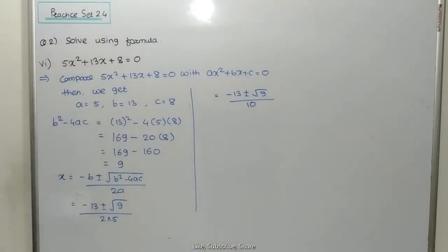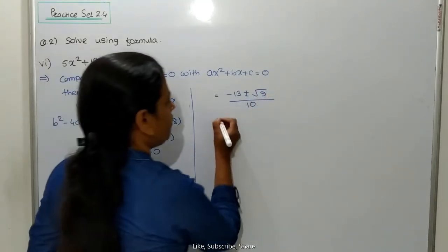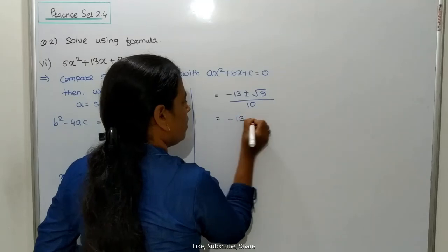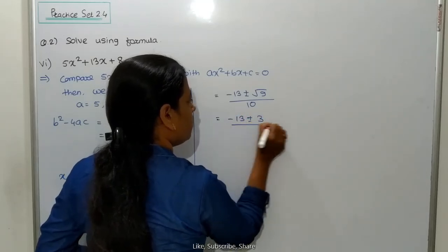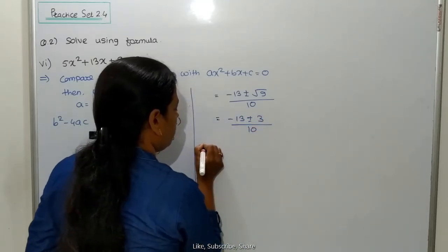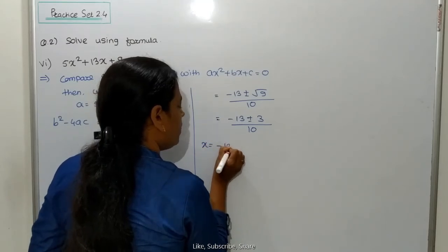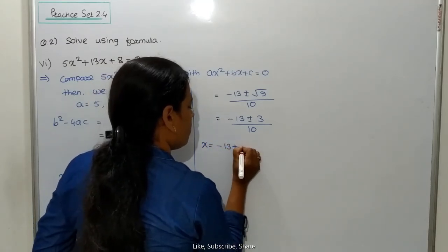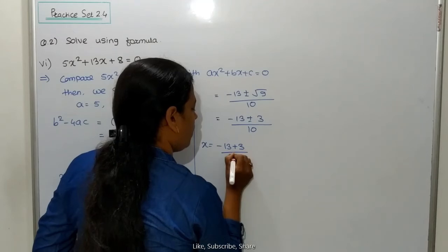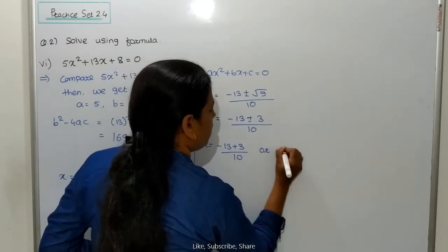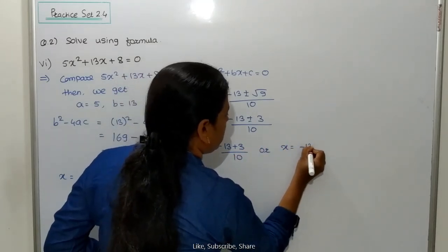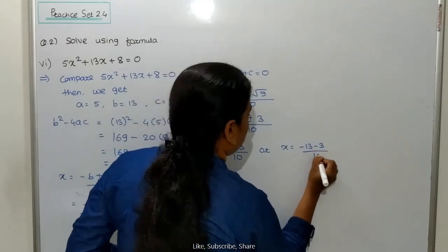So it is not possible to solve further. So what is the square root of 9? That is 3. So 10 is there. Now x is equal to minus 13 plus 3 upon 10, or x is equal to minus 13 minus 3 upon 10.